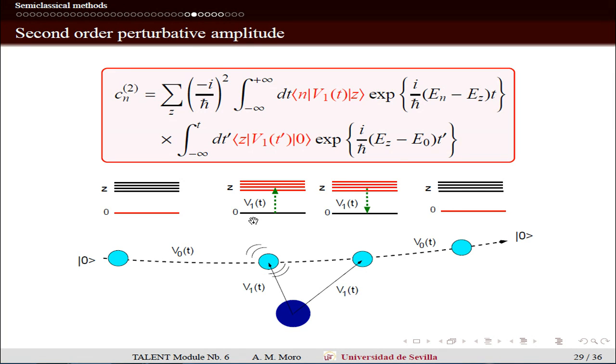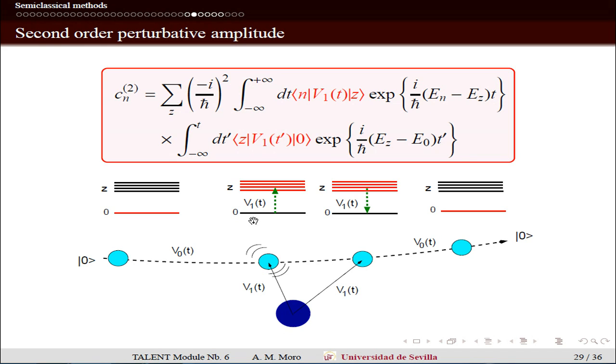This is an expression that we have not derived in detail, but I give it to you here. This is the expression for the second order amplitude. It contains the potential twice. So the interpretation of this equation is that we start from the ground state, that is also illustrated here. Then we go to the Z channel that can be one excited state, but could be many possible excited states.